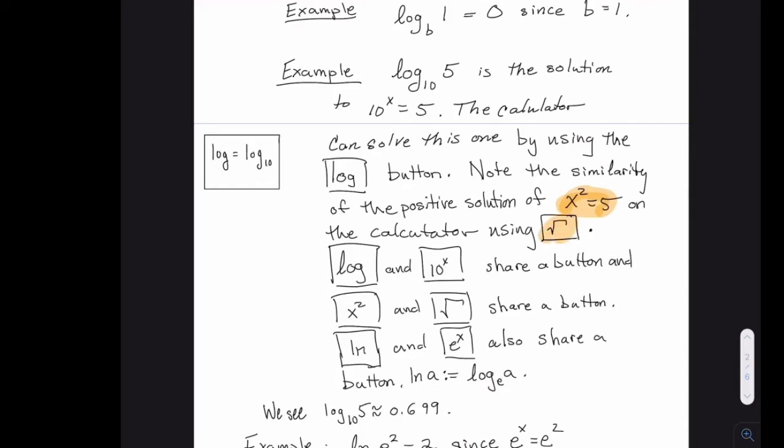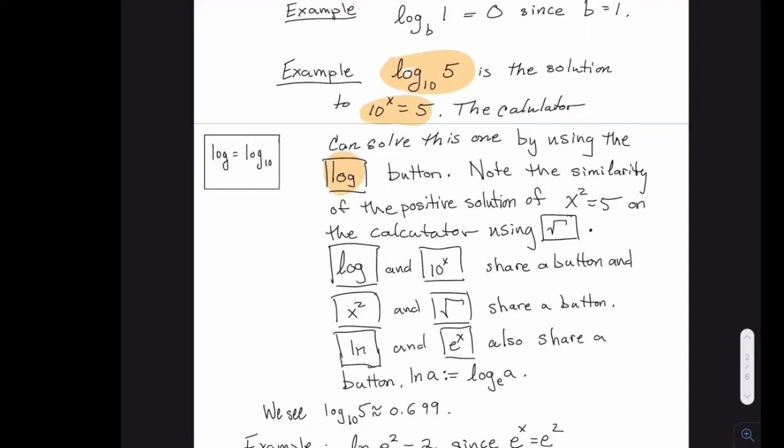The square and the square root button are the same button. Okay, so the one and the same button will actually solve the equation that looks like x squared equals 5. Similarly, to solve this equation, so to find log base 10 of 5, we just use the button that is shared with 10 to the x, which is log.